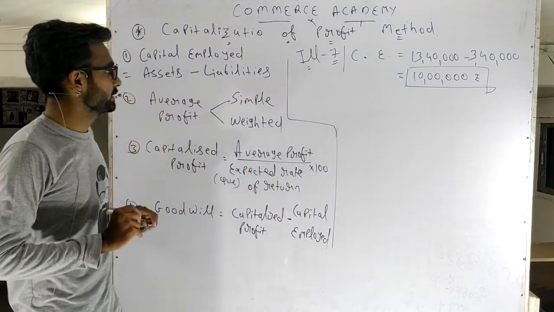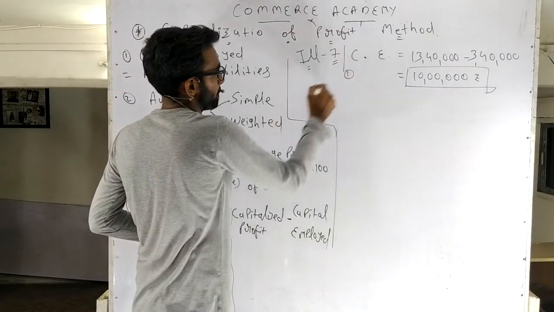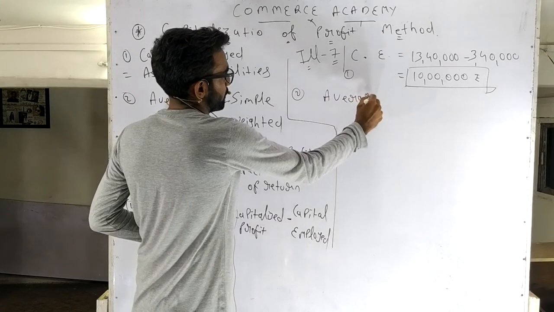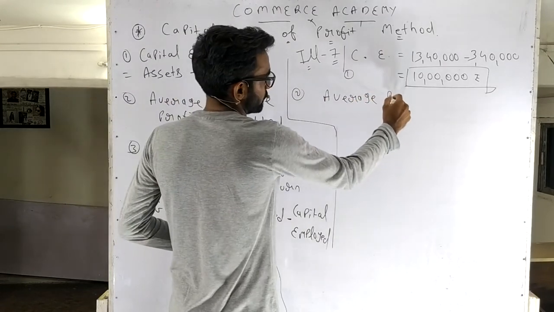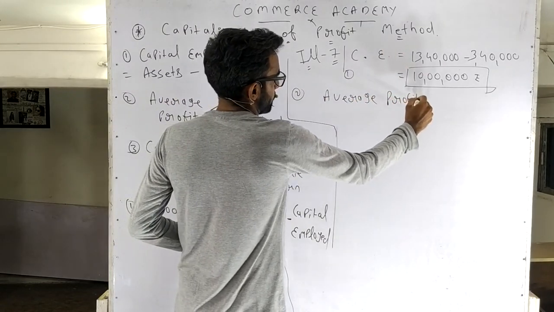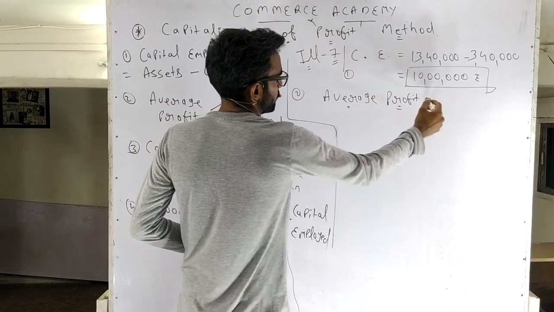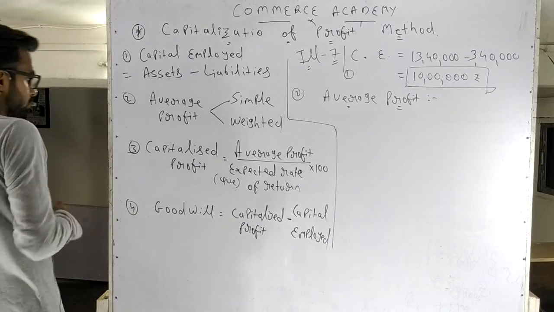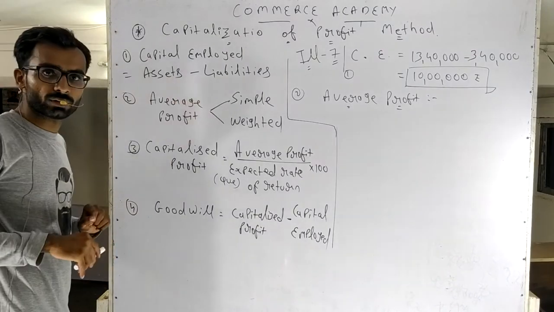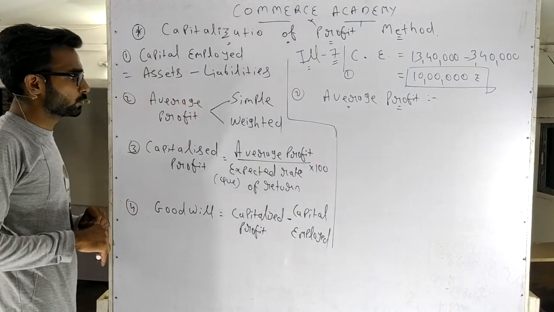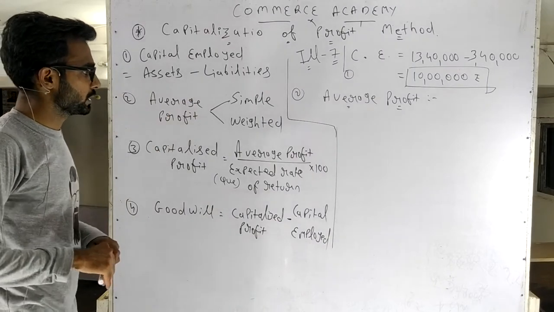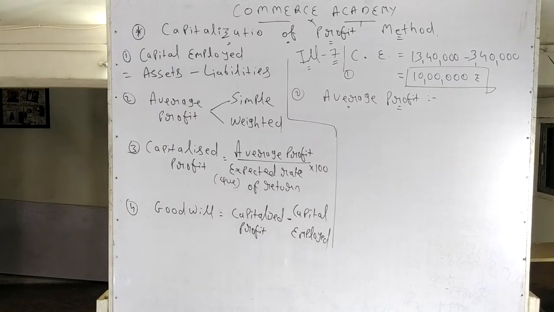Okay. Now the second thing, average profit. There are 2 ways to calculate the average profit: one is the simple and the second one is the weighted average method.